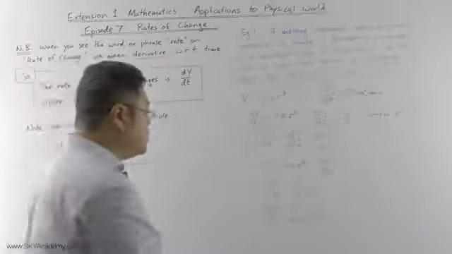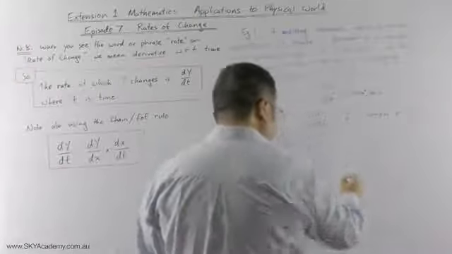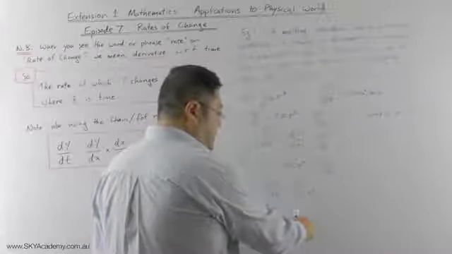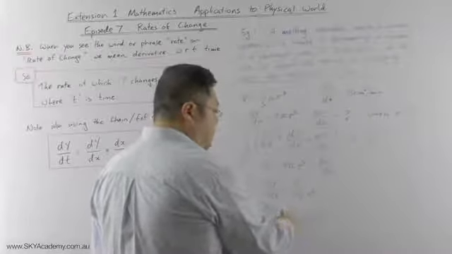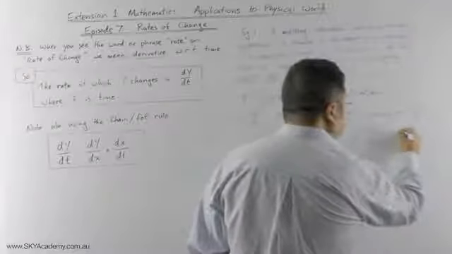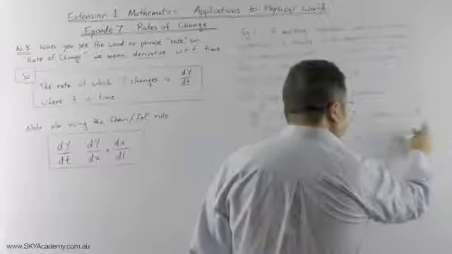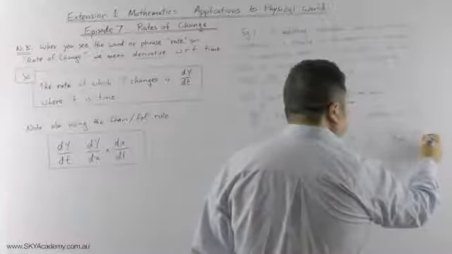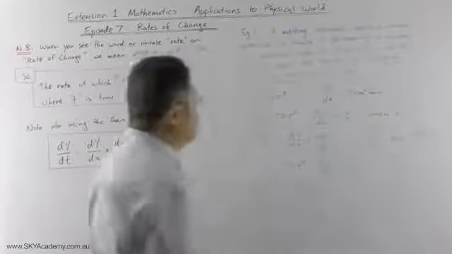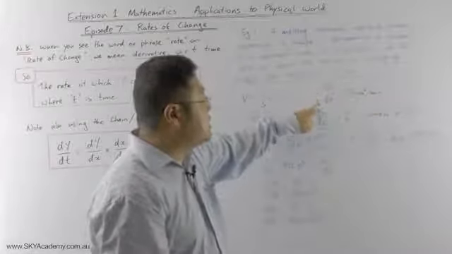Cool. Which should end up giving us, and I'll do this over here, 4 squared is 16, times 4 is 64, 8 goes in 64 8 times, so it's 1 on 8 pi, and it's going to be in centimeters per minute. Because remember, this was in cubic centimeters per minute, and that's the rate of change of the volume with respect to time.